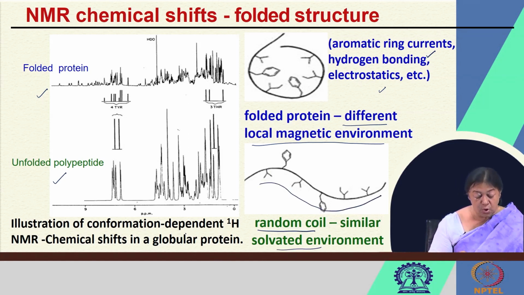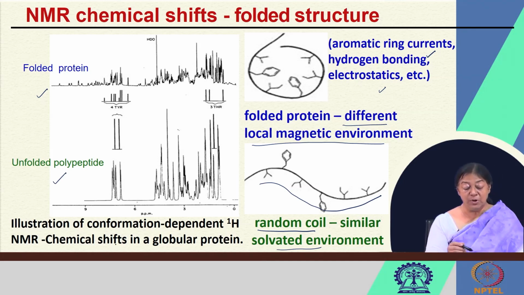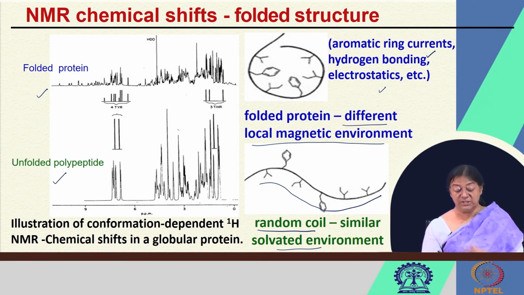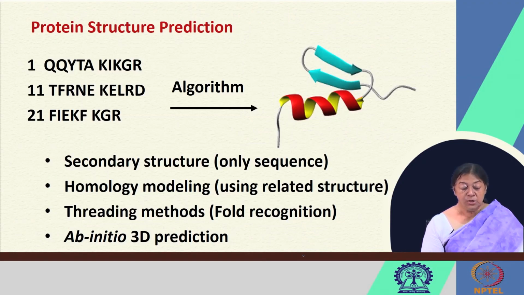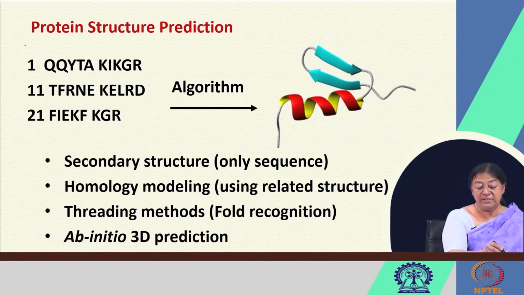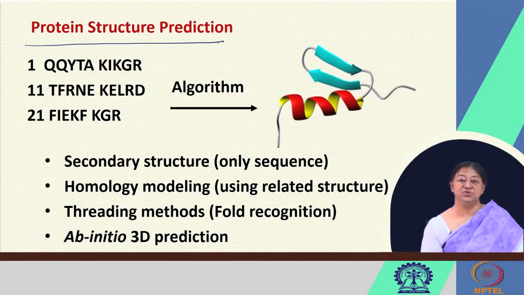So we have a conformation dependent NMR that results in chemical shifts of these proteins. So when we are looking at a folded protein, we have a different environment as opposed to a random coil that we observe here.